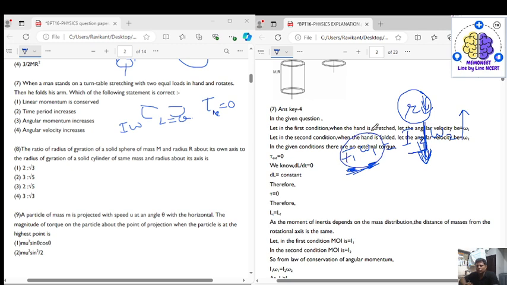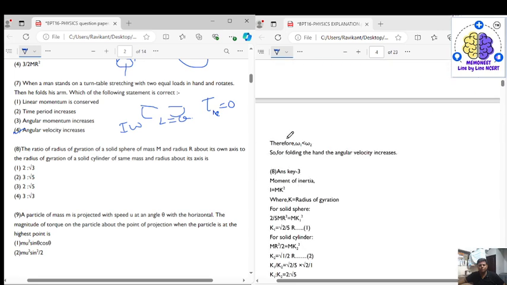Therefore, omega 2 will increase, and according to this, the correct answer will be option 4, that is the angular velocity will increase, right? So the correct answer for question number 7 is option 4.